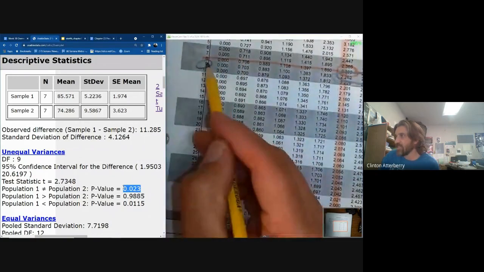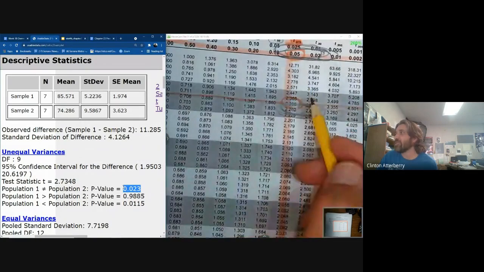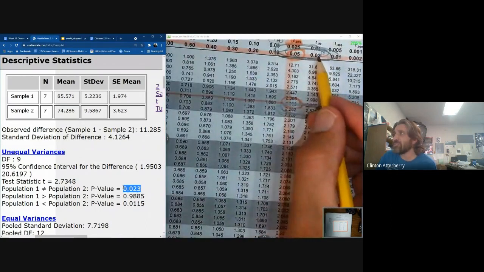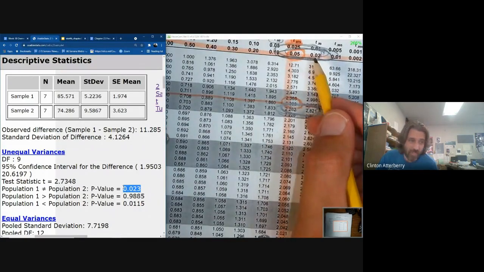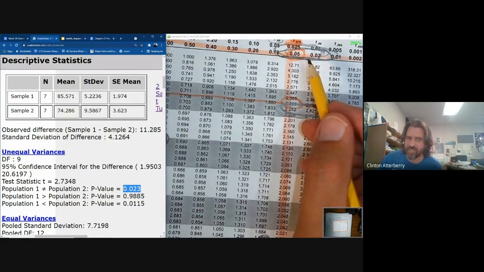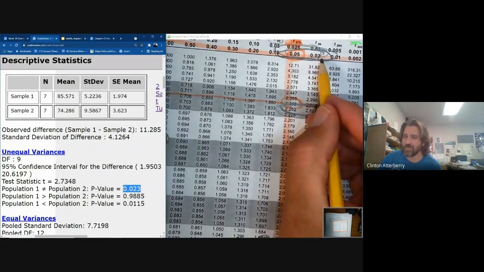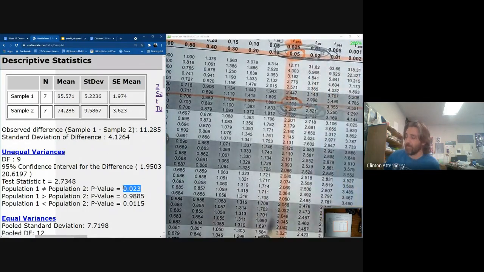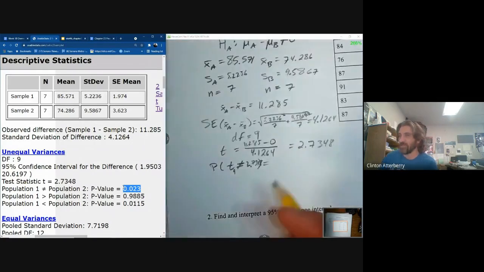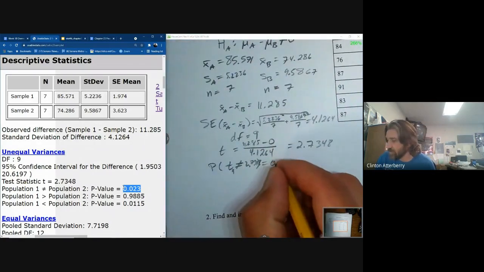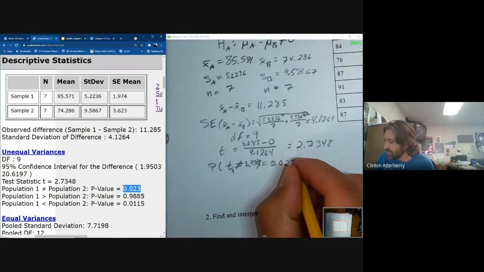So the degrees of freedom is 9. We found it was between these two numbers here, 0.05 and 0.02. They're telling me that the actual calculated one with all the formulas is 0.023. So it's in between there, but it's really close to this one. So we're going to write out this number, 0.023.